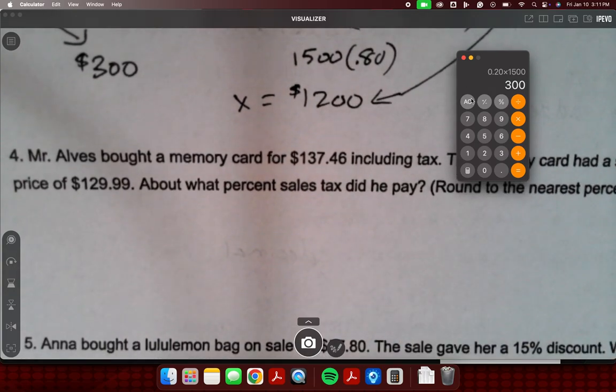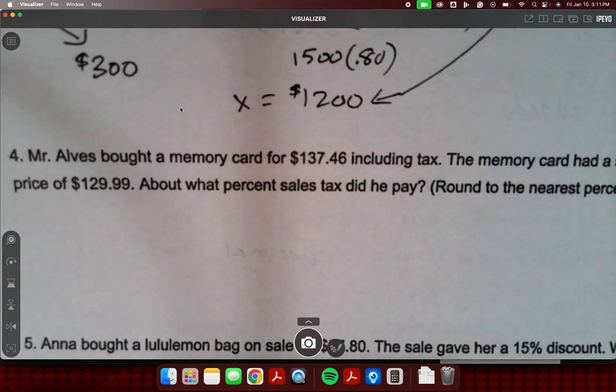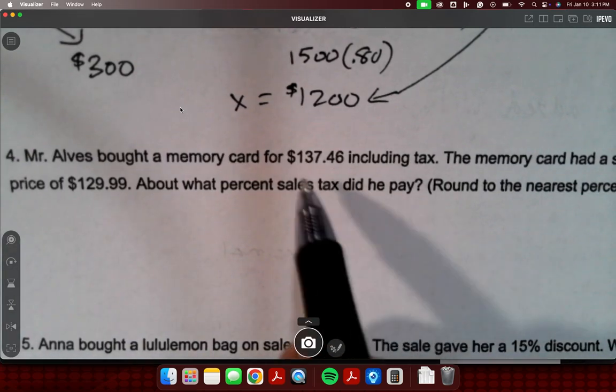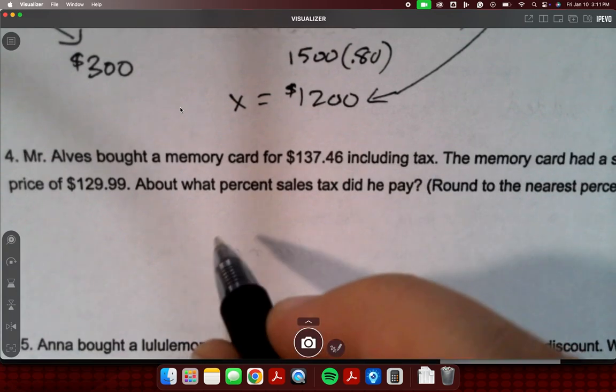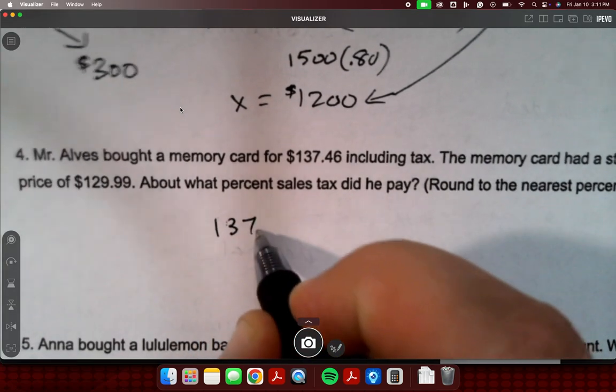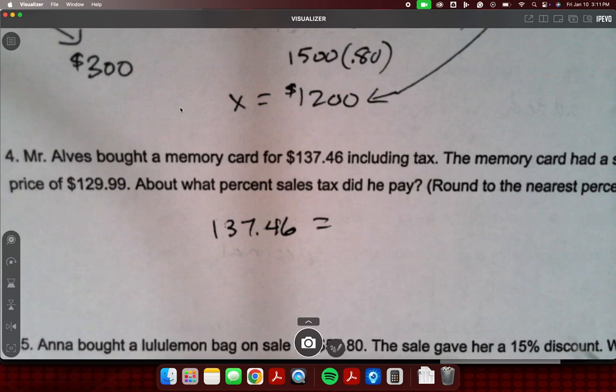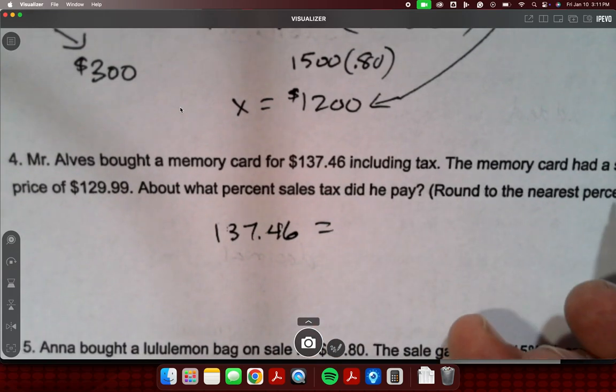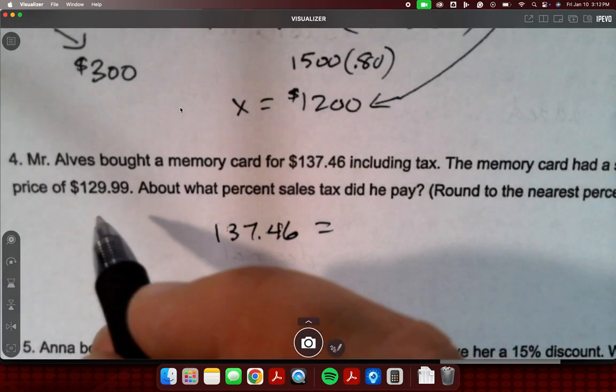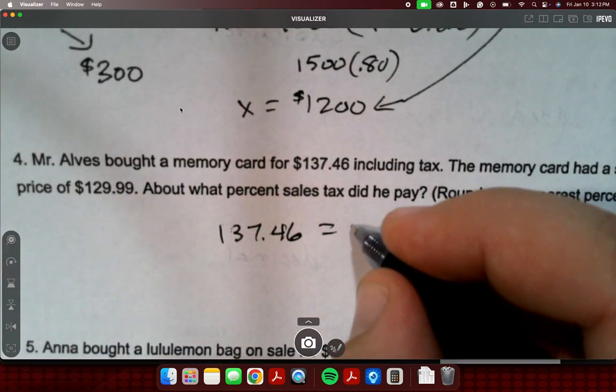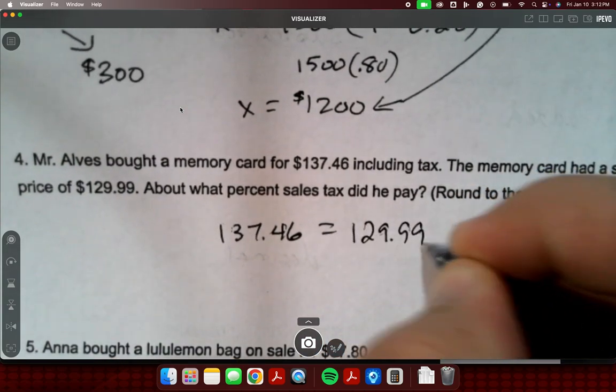All right, let's say Mr. Alvis bought a memory card for $137.46, including tax. So this is our new price because they've already included the tax in it. So I'm going to put $137.46 equals, because that's our new price. The memory card had a sticker price of $129.99. So the original price was $129.99.